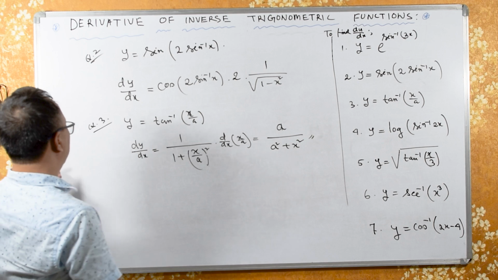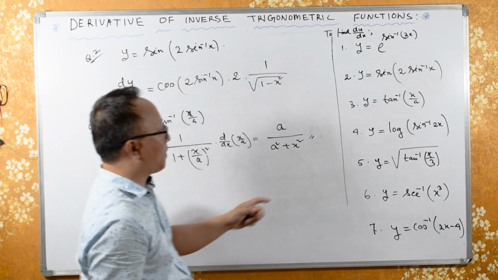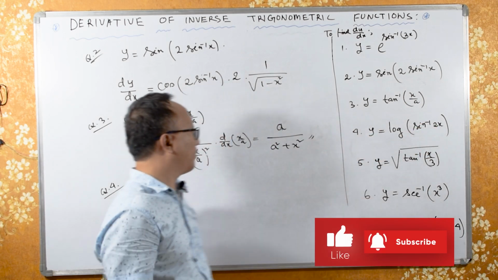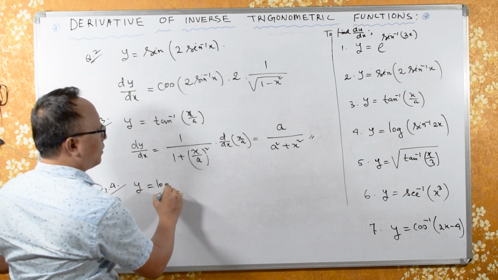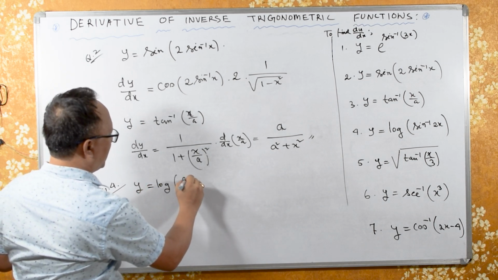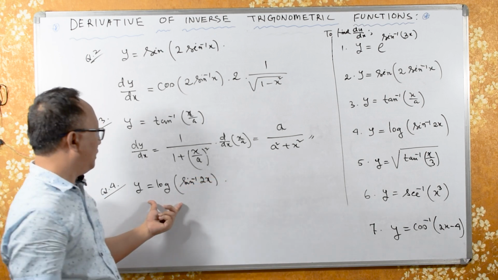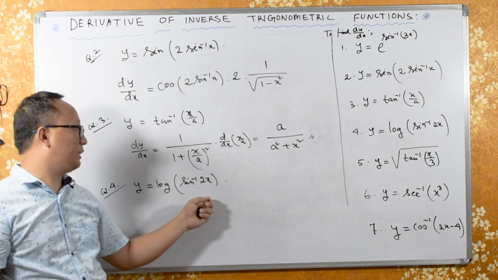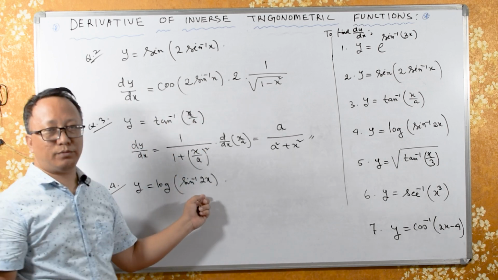Now question 4. If y equals to log of sine inverse 2x. Here you know, if y is equal to log of something, then differentiation of log: if y equals to log x, then dy by dx is what? 1 by x.